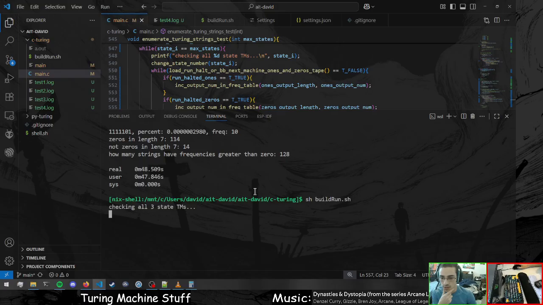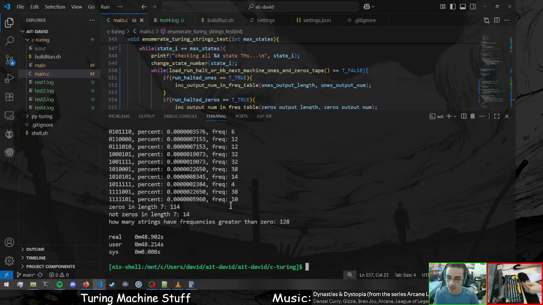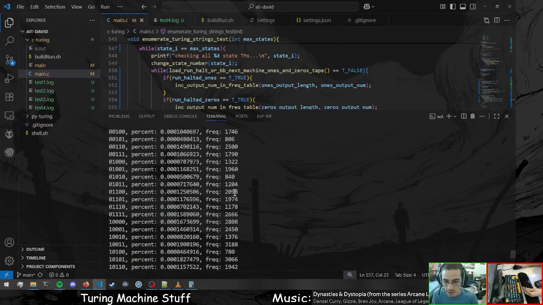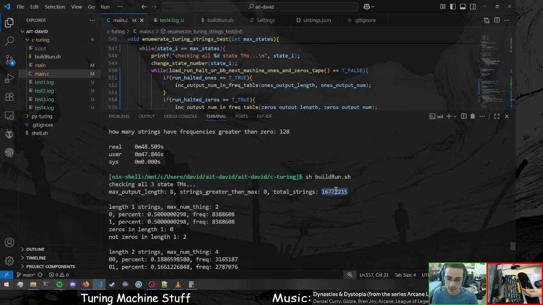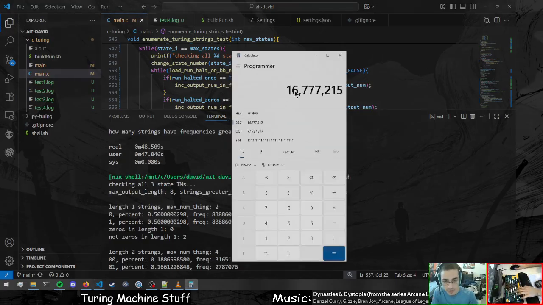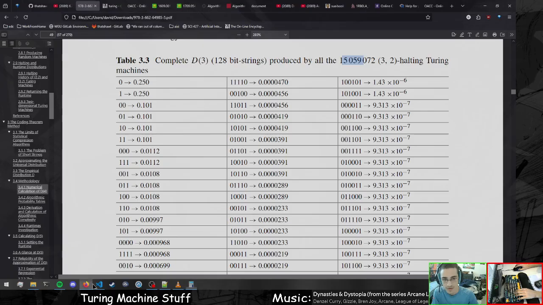This is gonna take a second. This is why I want to use that freaking library to speed things up. Okay, look at this. What is going on here? We get a pretty close number.